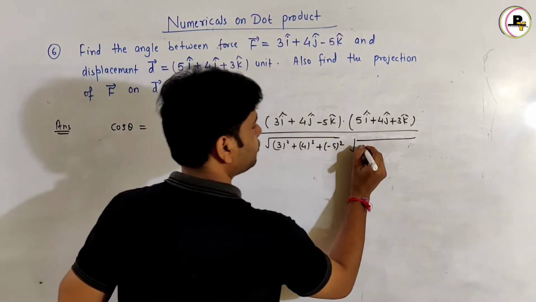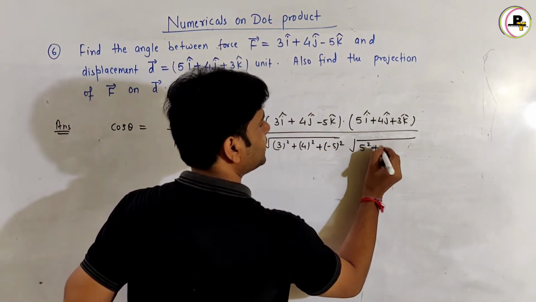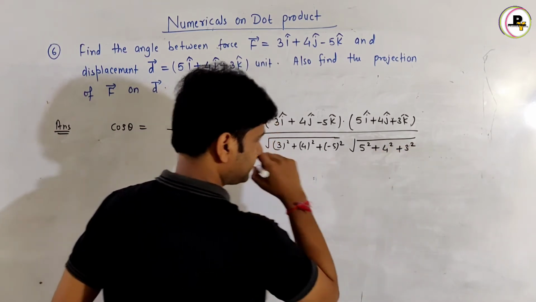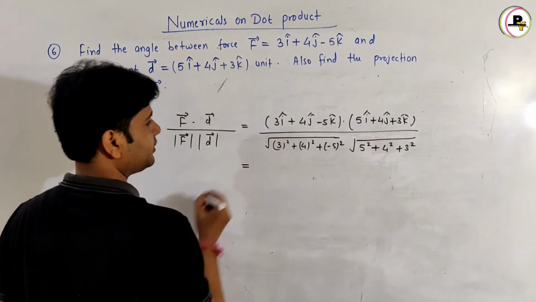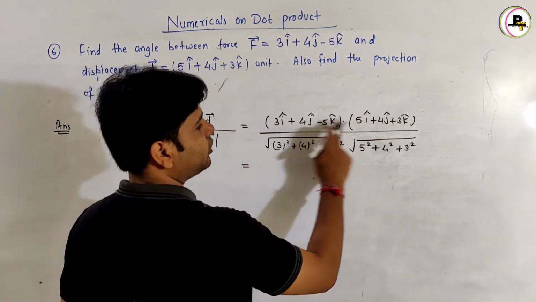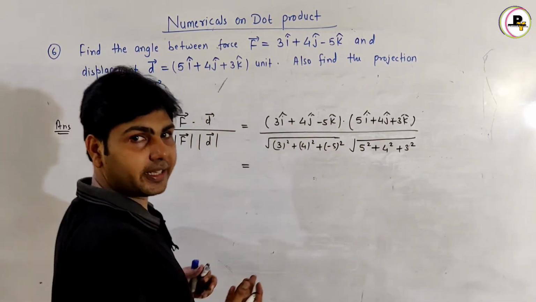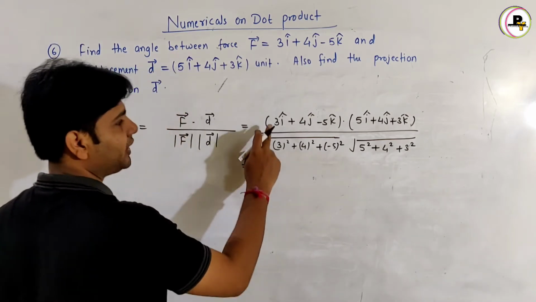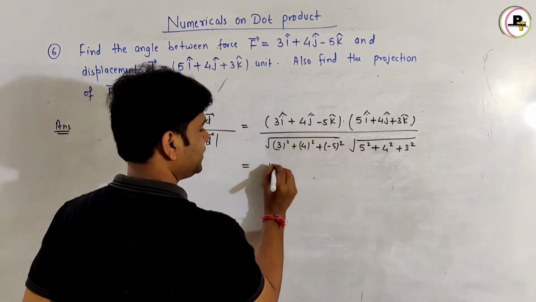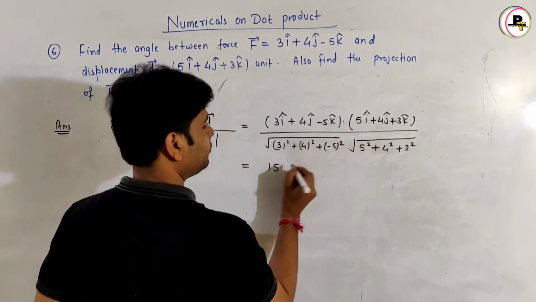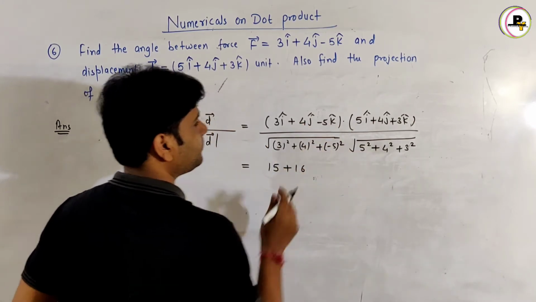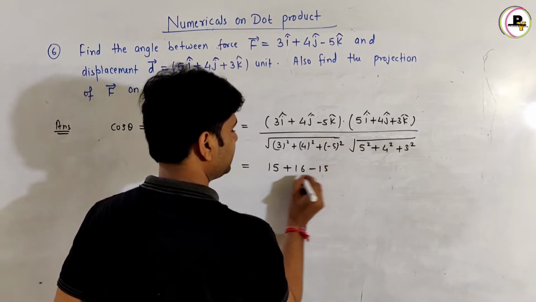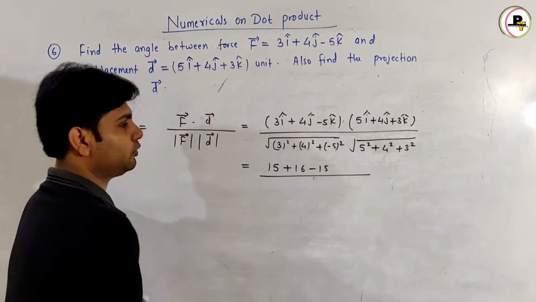It is square of 5 plus square of 4 plus square of 3, and therefore I can write here a vector dot b vector in component form is ax bx plus ay by plus az bz. Therefore I can write here 3 into 5, that is 15, plus 4 into 4, that is 16, and minus 5 into 3, minus 15, divided by square root.